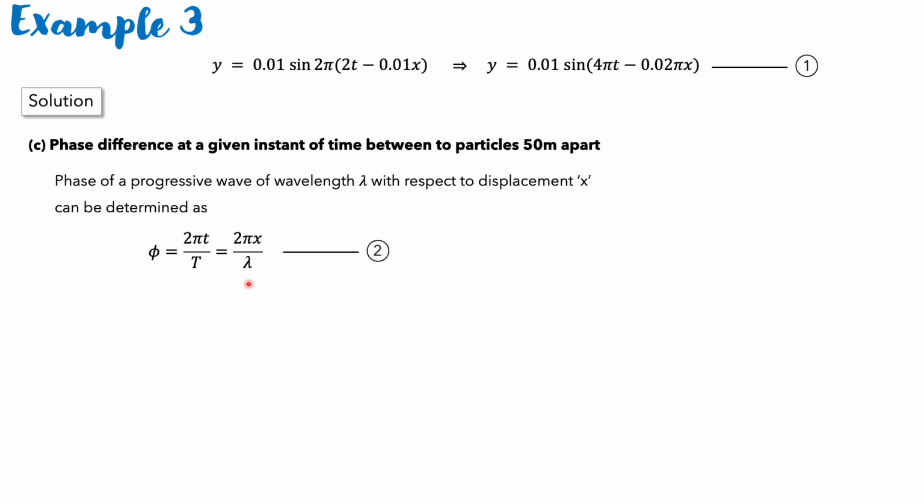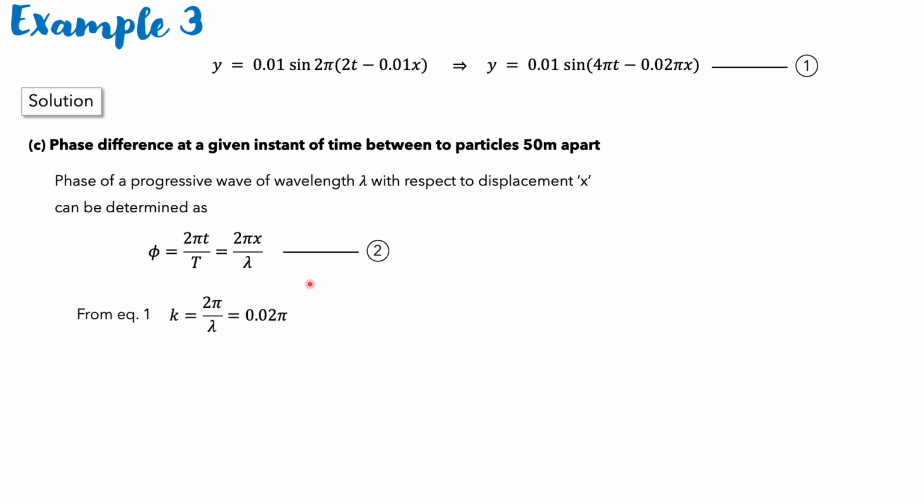We do not need to go into the derivation, you can just memorize it. So small t is replaced with small x, the distance, and capital T is replaced with wavelength. These both are times and these both are distances. Small t is time, capital T is time, x is distance, and wavelength is also a distance.